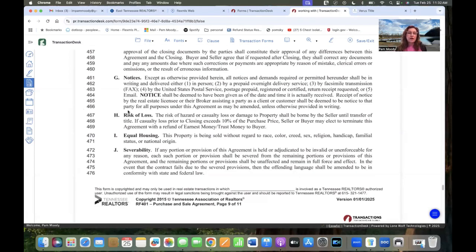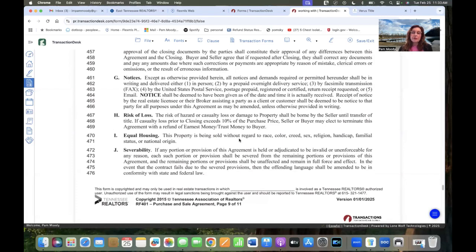Okay, risk of loss: the risk of hazard or casualty loss or damage to property shall be borne by seller until transfer of title. If casualty loss prior to closing exceeds 10% of the purchase price, seller or buyer may elect to terminate this agreement with a refund of earnest money held in trust to the buyer.